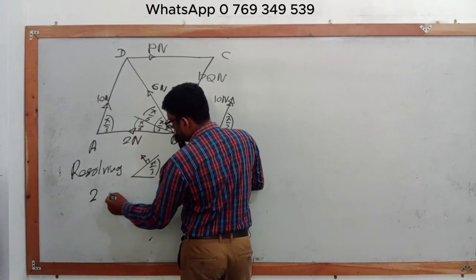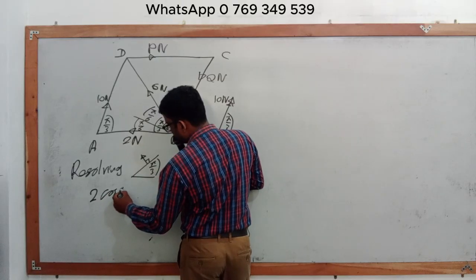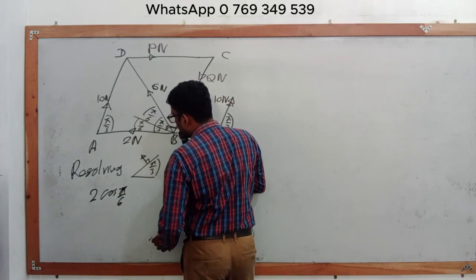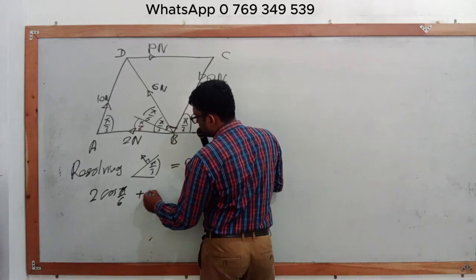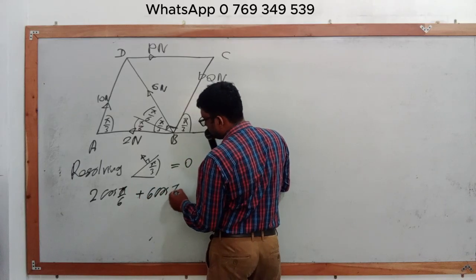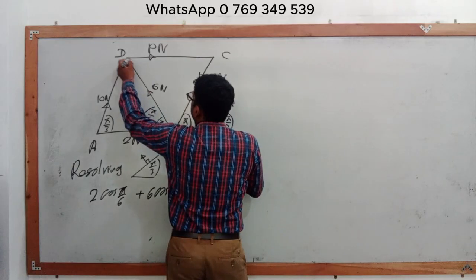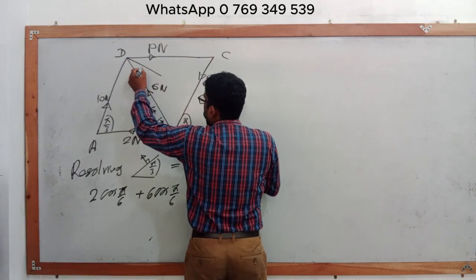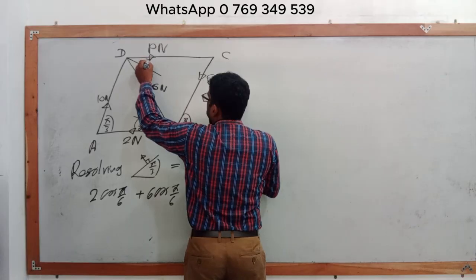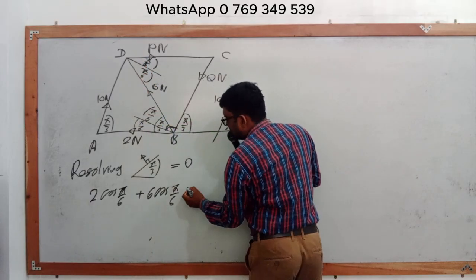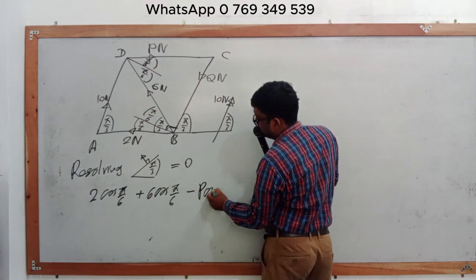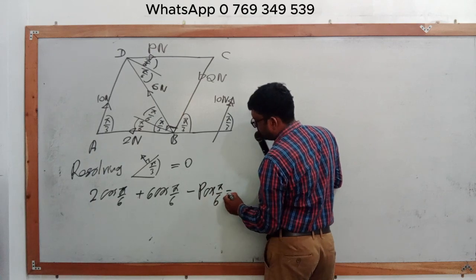2 cos pi by 6, plus 6 cos pi by 6 also, same thing. And this one also is the same thing, pi by 6. Again minus p cos pi by 6, altogether 0.